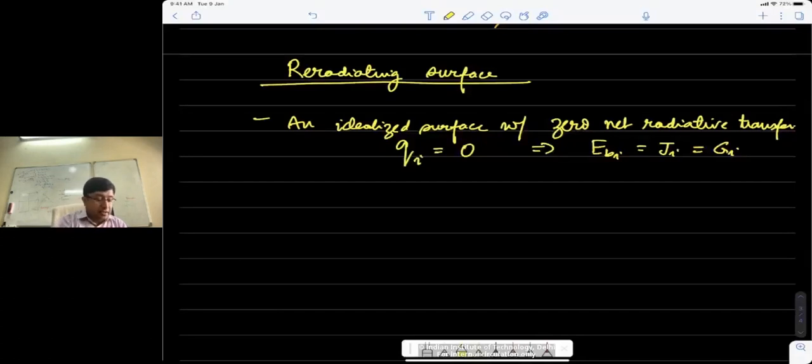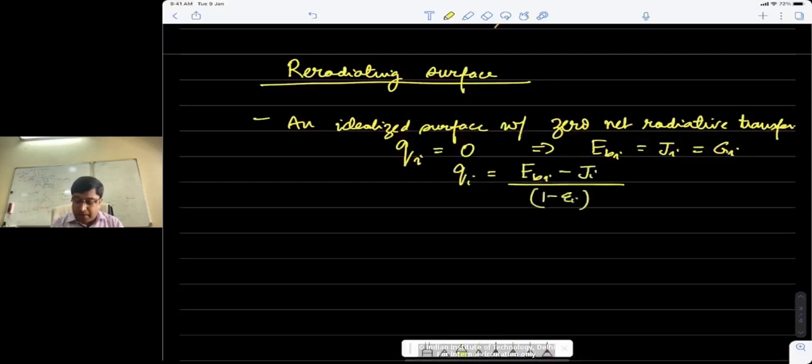Now, if you go by the definition, QI was written as EBI minus JI over (1 minus epsilon I) by (epsilon I AI). Now, EBI being equal to JI, QI is 0 in this case.